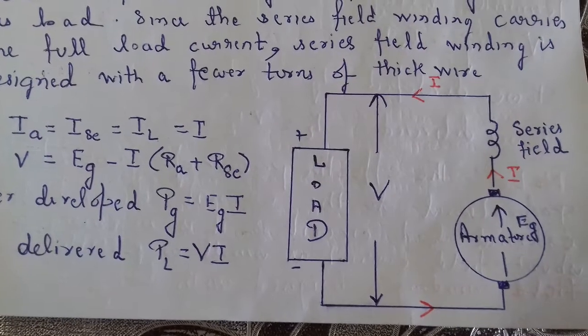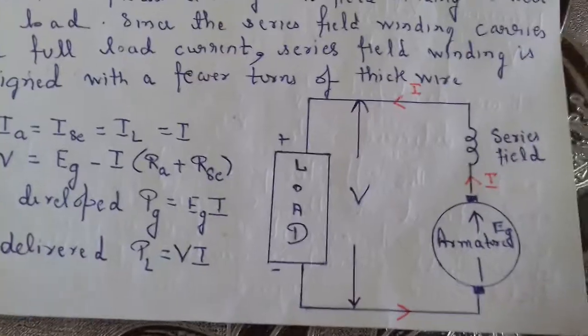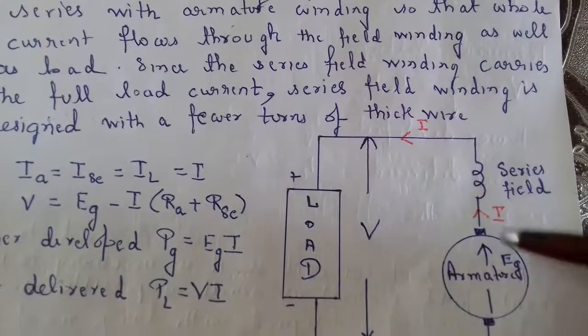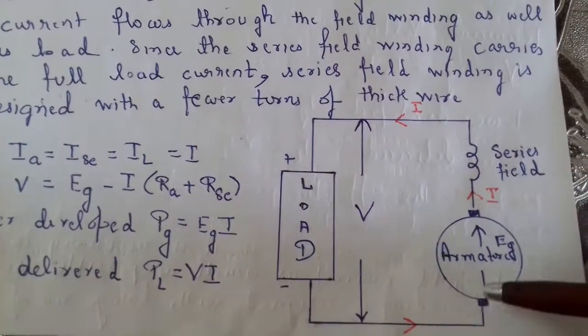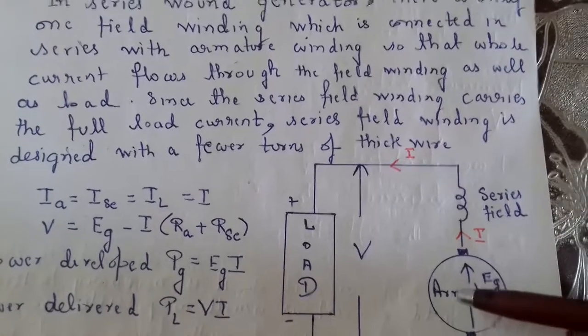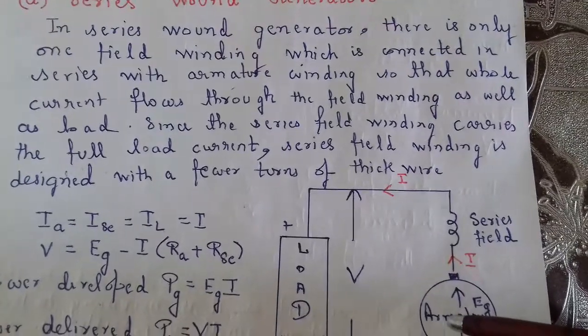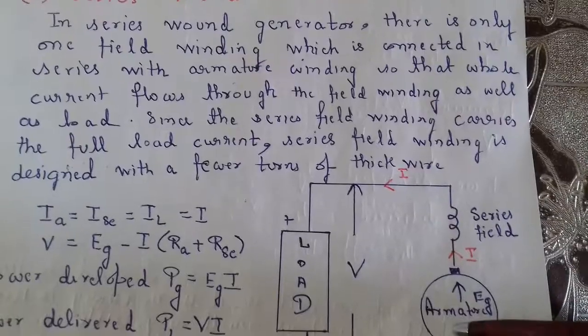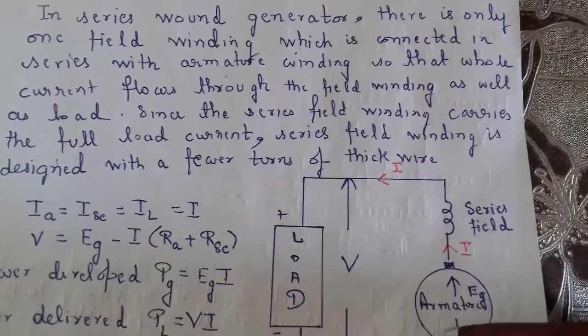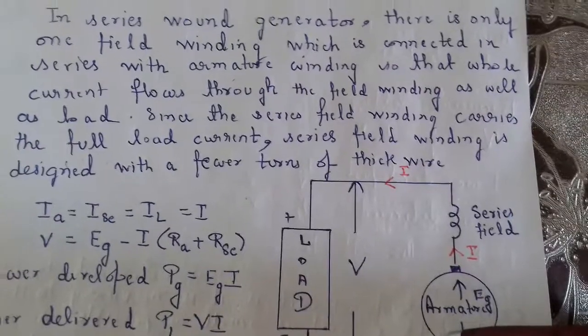Now this is the circuit of the series wound DC generator, in which the armature, the field winding, and the load, all the three parts are connected in series. In series winding, there is only one field winding which is connected in series with the armature winding, so that the whole current flows through the field winding as well as the load.